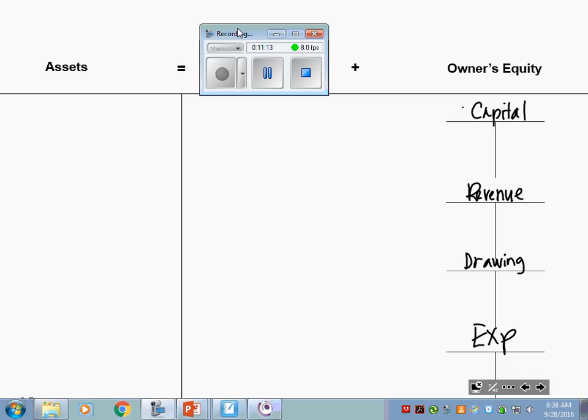Now, while we're in this section, I want you to do something like this. But let me pose the question again. There's four T's there. Do they each have a left and right side? Yes. Debits are on the left, credits are on the right.